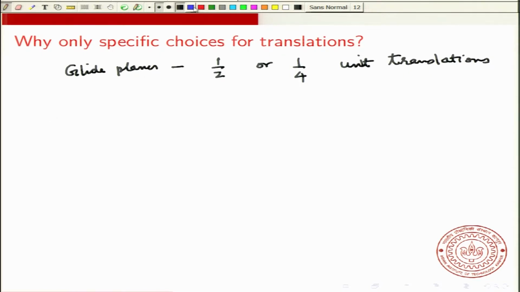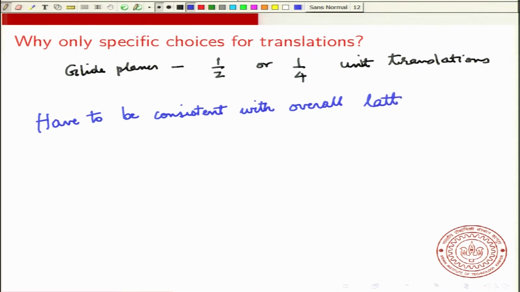These are the only glides, and they have to be consistent with the overall lattice translation.